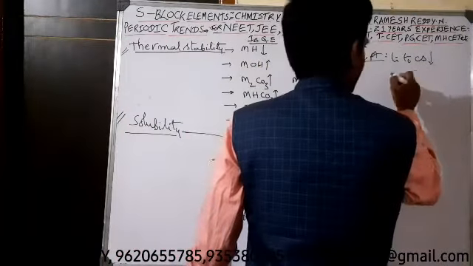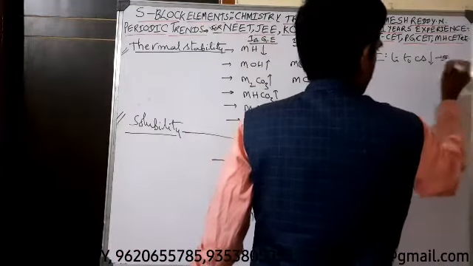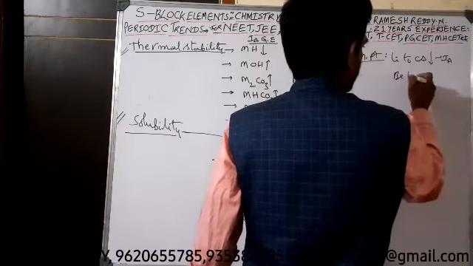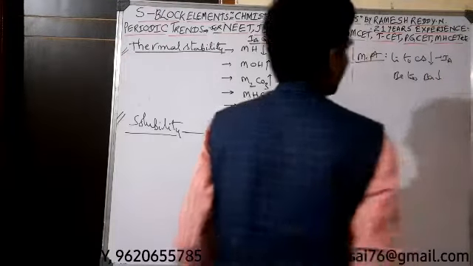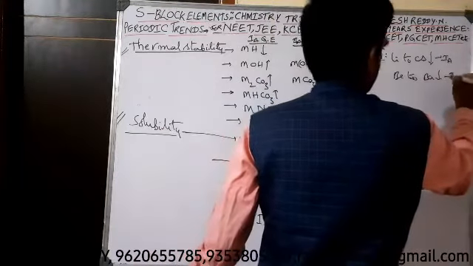Next, second A group elements, that is from beryllium to barium, melting point also decreases.